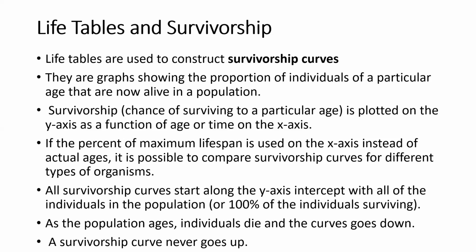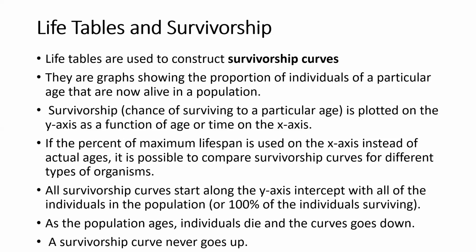All right. And time is the independent factor. That's why most of the time when we are plotting, we plot time on the x-axis, because time is always independent. As we are sitting here learning now, whether we learn or we don't learn, time is moving, so it becomes independent, right? All survivorship curves start along the y-axis.